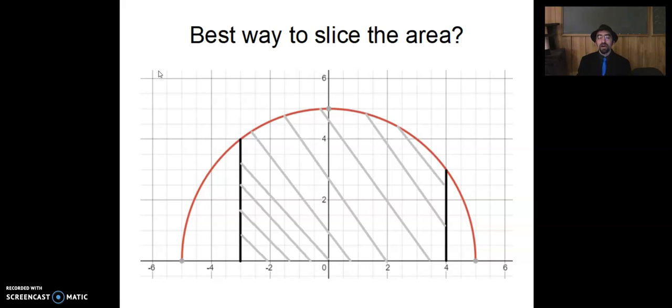non-calculus way to divide the area. I was shown this by one of my calculus students back in my first year as a teaching assistant, where I was showing the generic calculus-based way of doing it, which had some tools that you're about to see that aren't immediately obvious.